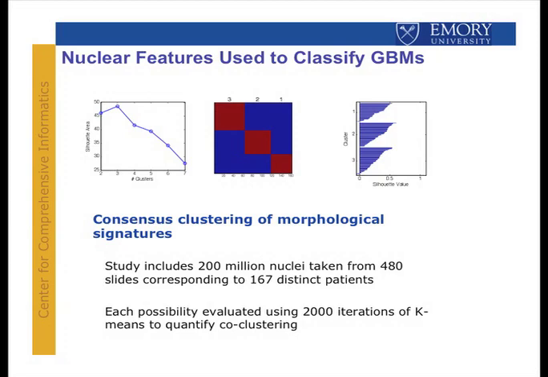So what we did is we took 200 million nuclei from 480 slides corresponding to 167 distinct patients in the TCGA data set, and we used a k-means consensus clustering method.